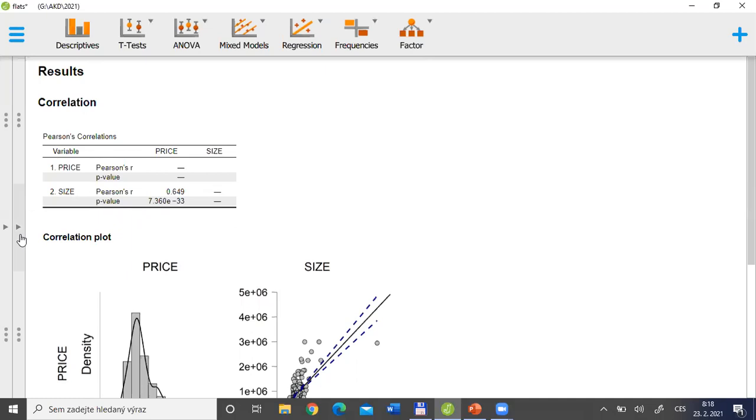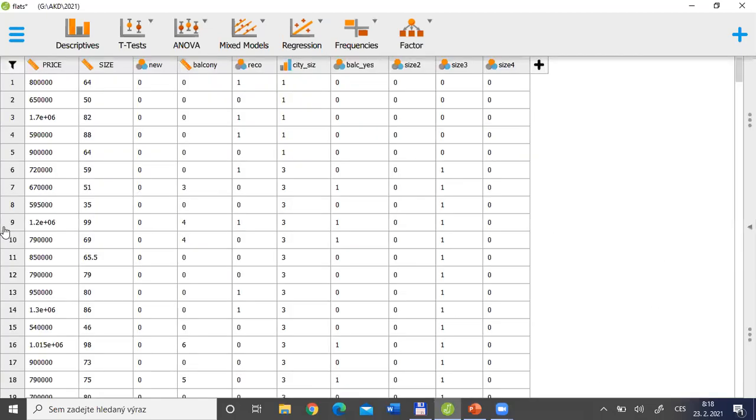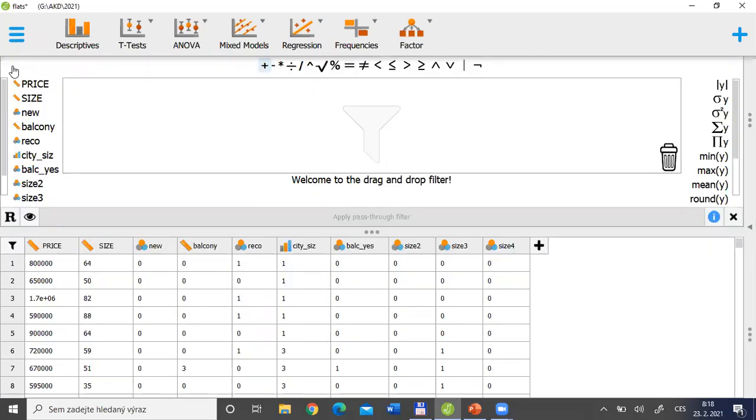So once again, repetition, how it works in JASP. If you would like to exclude some values, you click here in the left upper corner of your data matrix, and you can filter some data.